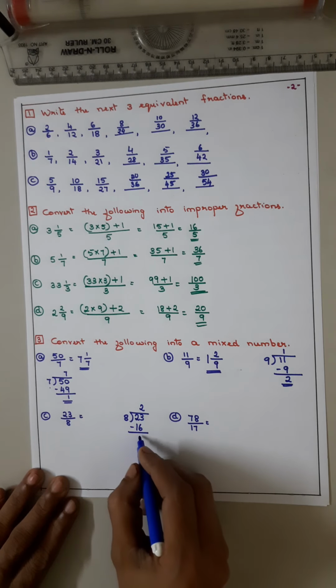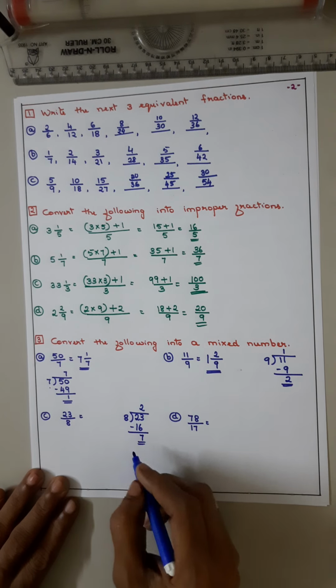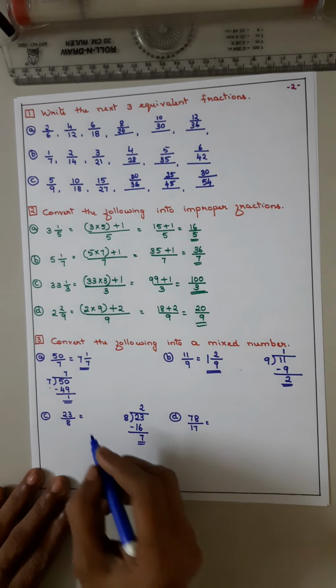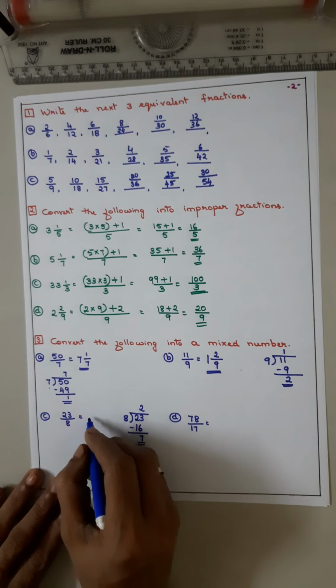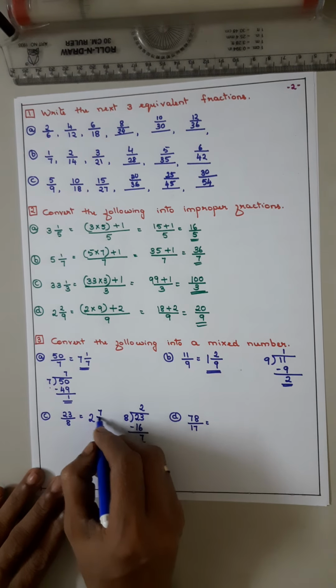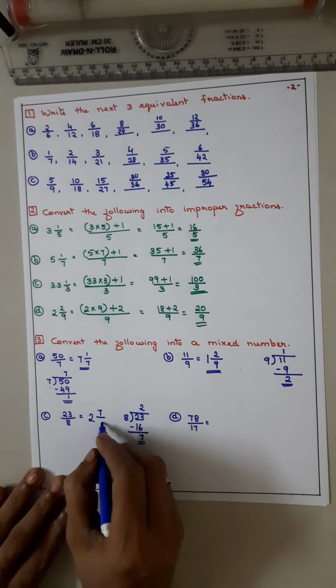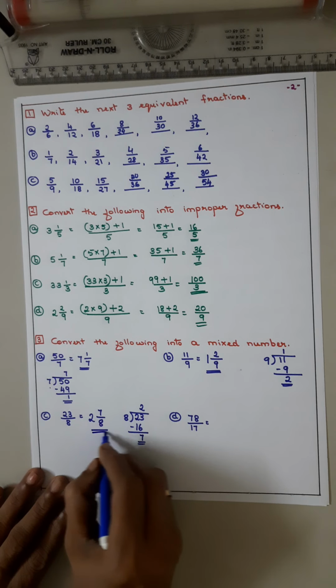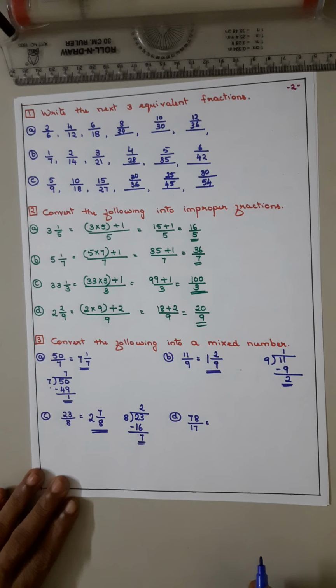How much is remaining? 7. So the quotient is 2. The remainder is 7 and the divisor, or the denominator, is 8. You got 2 7/8.